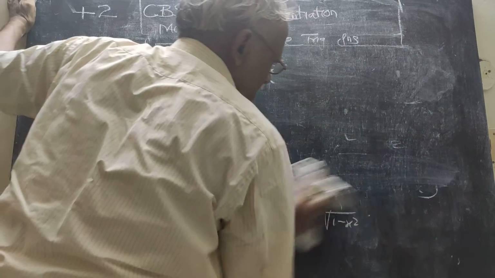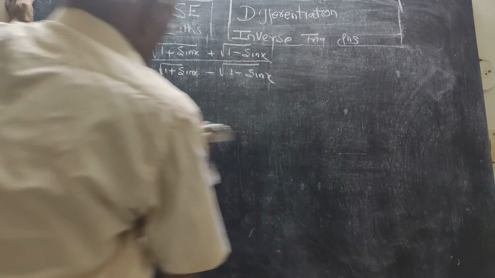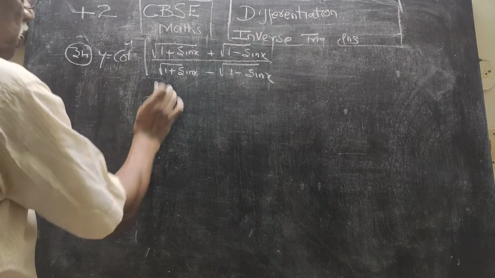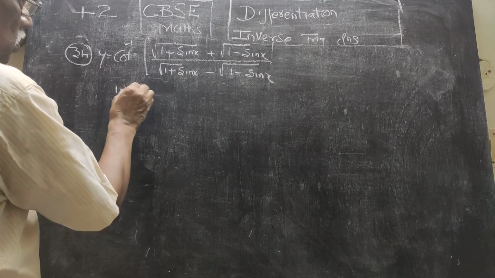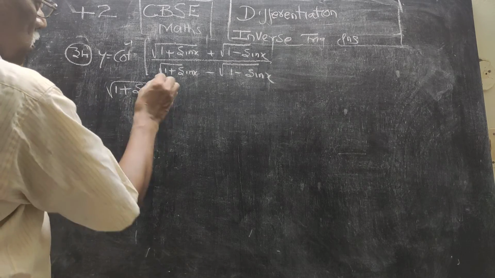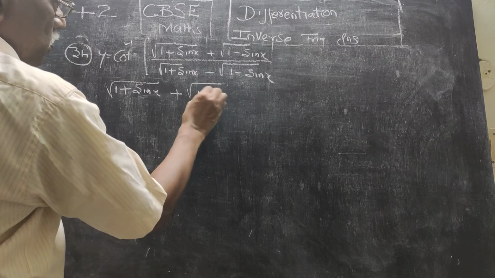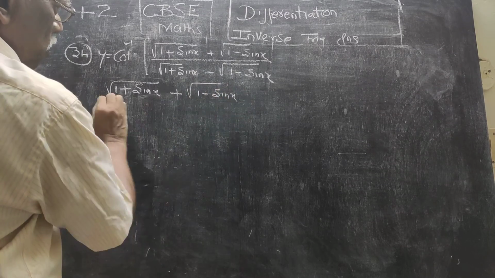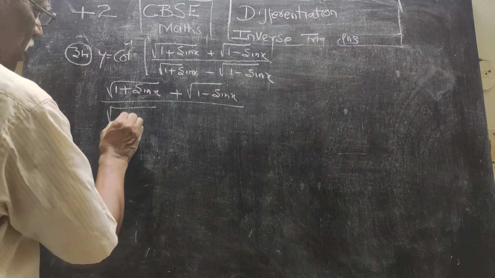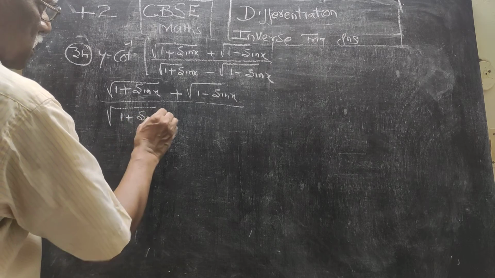So let me rub off this 35th problem. Let me write only this part: square root of 1 plus sin x plus square root of 1 minus sin x, divided by square root of 1 plus sin x minus square root of 1 minus sin x.